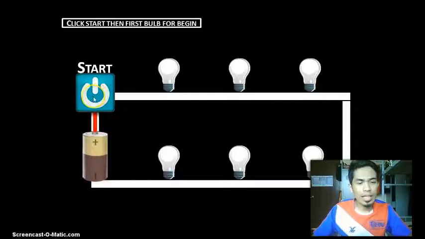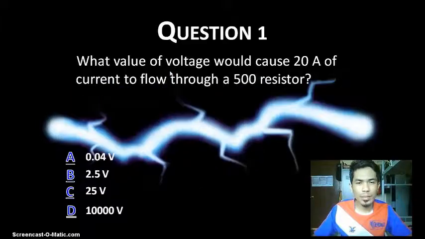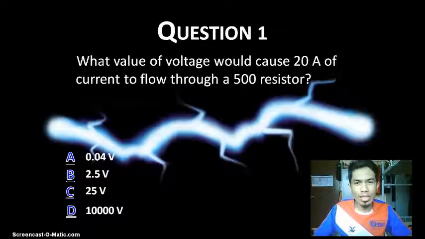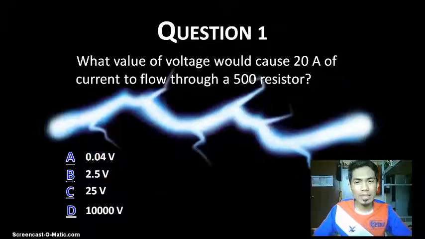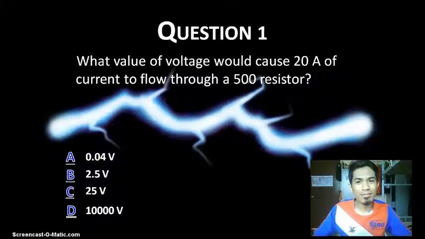So, let's begin. Question 1. What value of voltage would cause 20 amp of current to flow through a 500 ohm resistor?